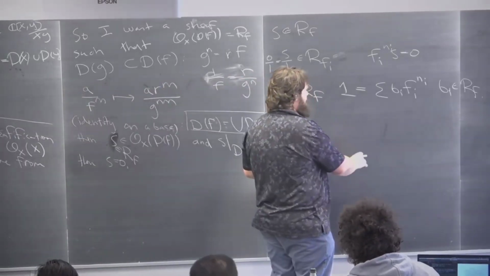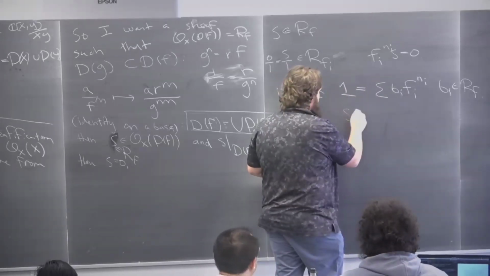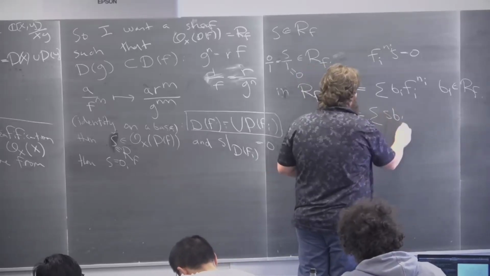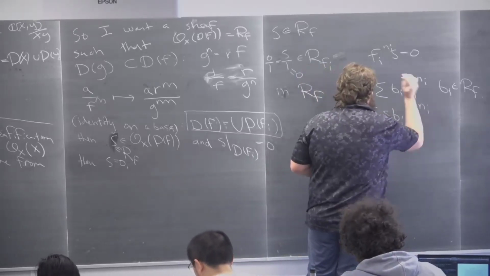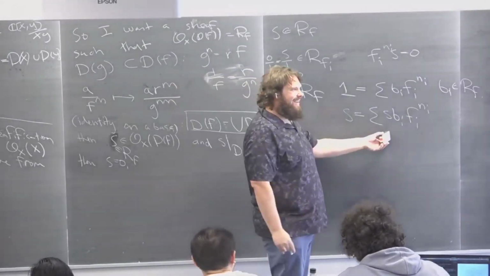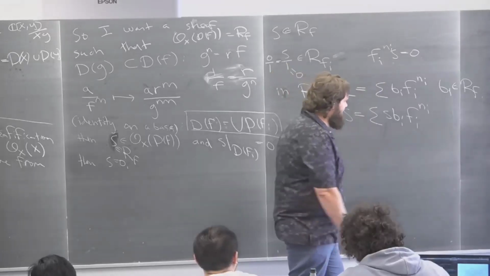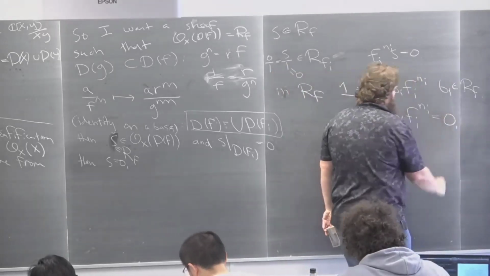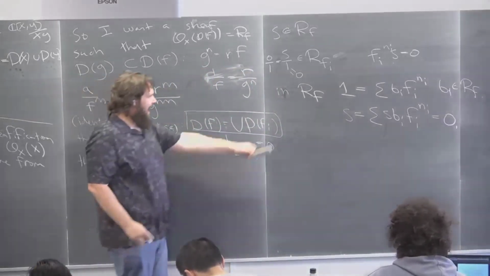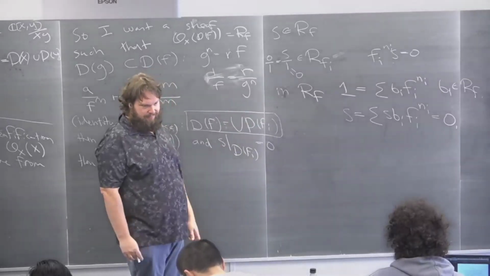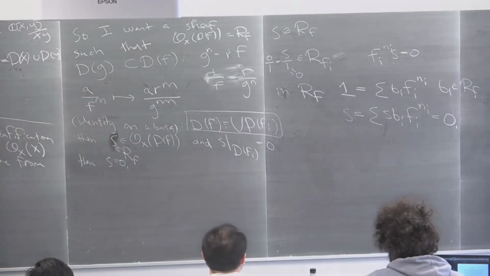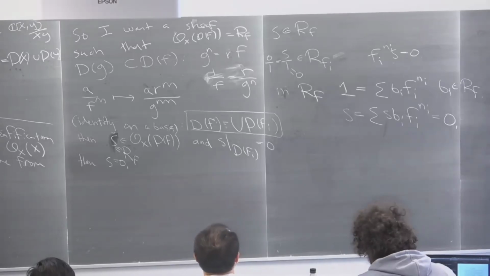This is the trick you always want to use. You write one this way, and then I multiply by s, and I get that this product is equal to this product. But the right-hand side is zero, since it has f times these powers of f_i in them. So my original s was zero as an element of R_f. So this is, again, this partition of unity argument.